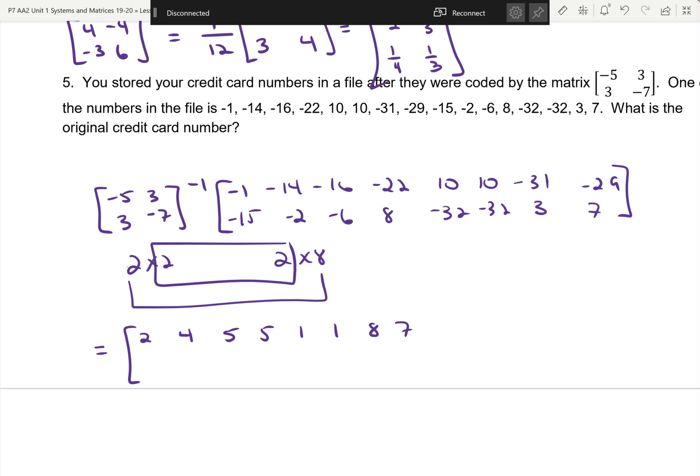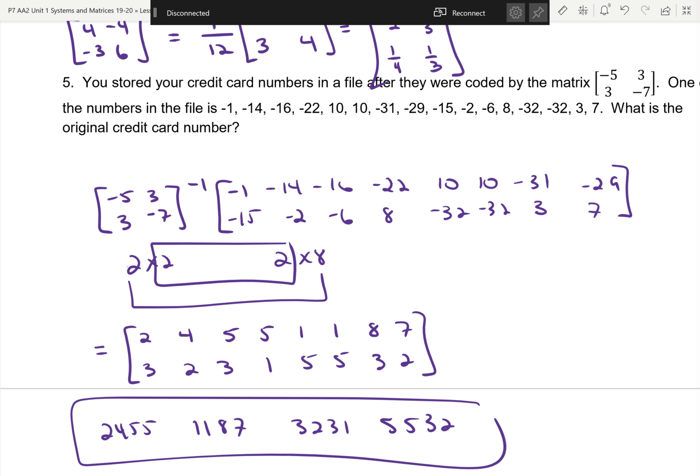And then 3, 2, 3, 1, 5, 5, 3, 2. All right, so that means the credit card number was 2455 1187 3231 5532. Okay?